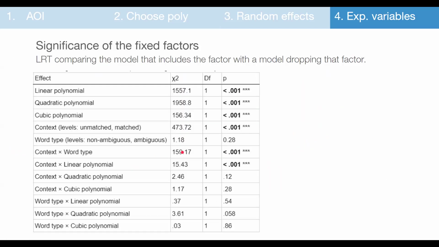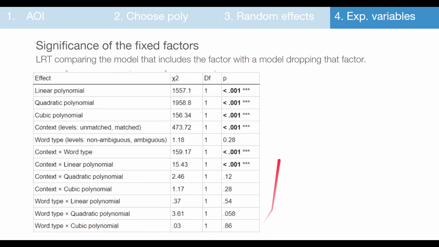Well, the first thing that we can do is, again, compare a model that includes the term with a model dropping that factor, and we will do likelihood ratio tests. So this is a table that summarizes all of those models.